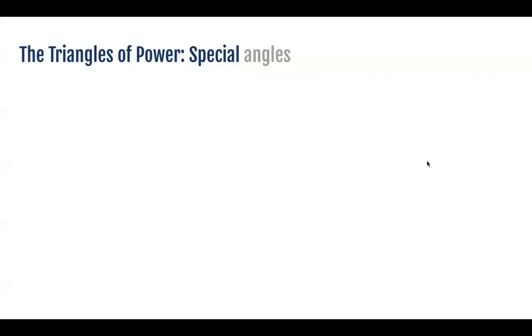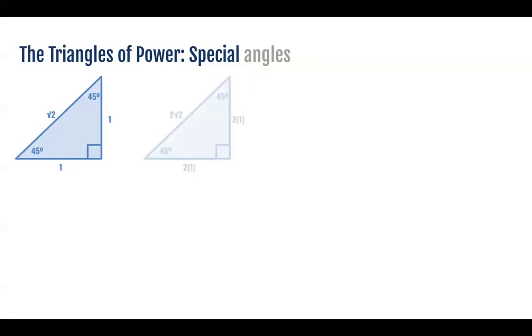Now let's use those triangles. We know that a 45, 45, 90-degree triangle can have this configuration, but it can also have this configuration or this. What is the meaning of that?